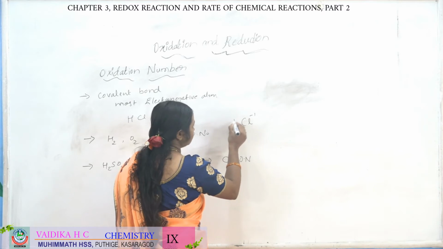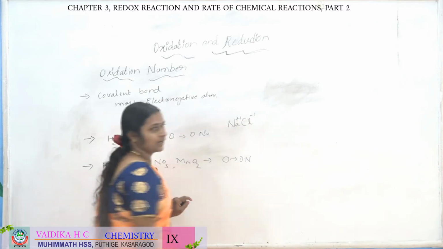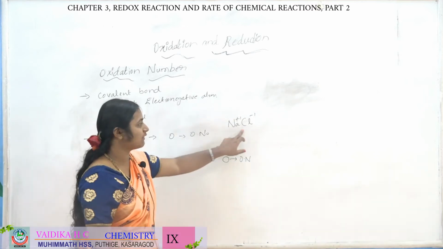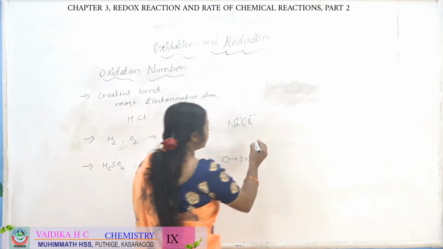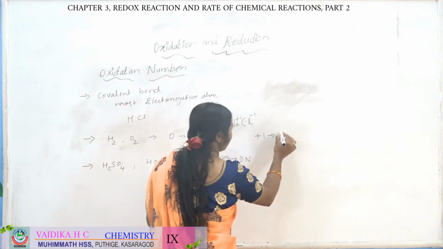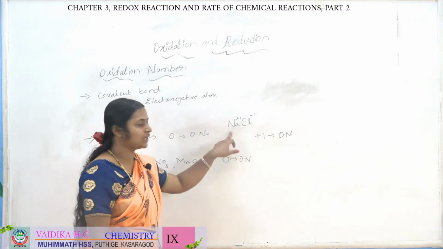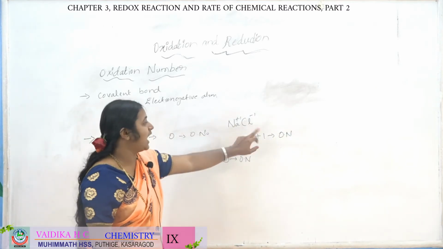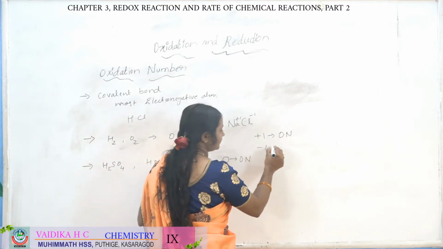Let us consider an example. Here sodium chloride: in the sodium +1 charge is there, chlorine -1 charge is there. So this +1 charge is called the oxidation number. So the oxidation number of sodium will be +1 and the oxidation number of chlorine will be -1.